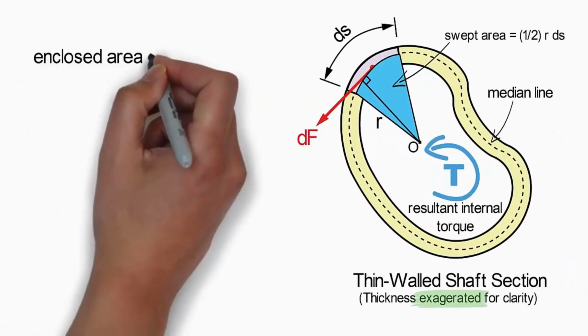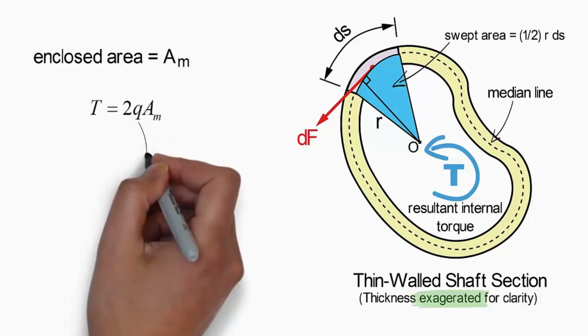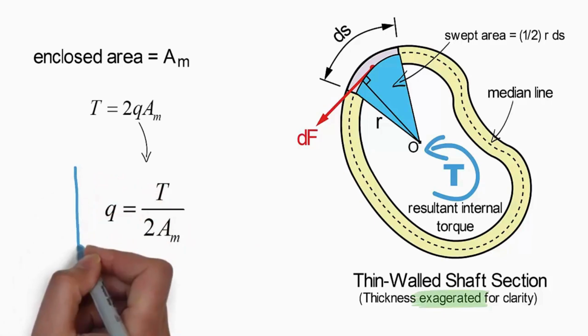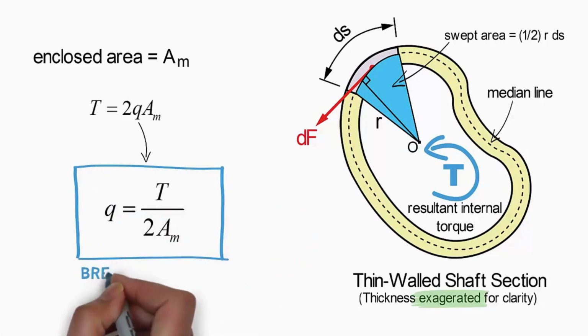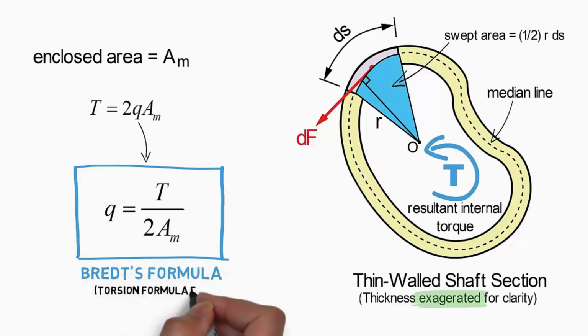Taking this result, we can forget about needing to solve integrals and simply replace the integral with twice the enclosed area. Typically, we are interested in determining the shear flow from the resultant torque, so the equation can be rearranged as follows. This analog to the torsion formula for thin-walled closed sections is commonly referred to as Bredt's formula.